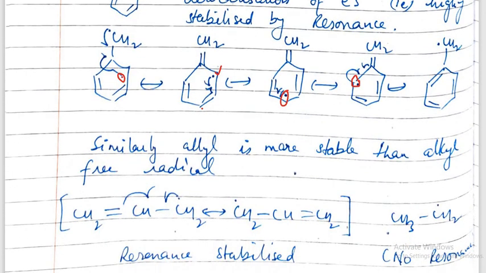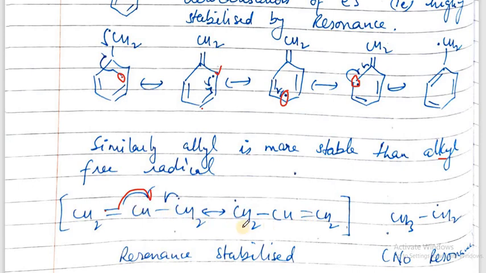Similarly, allyl is also more stable than alkyl. Allyl means that the carbon with the odd electron is attached to the carbon which carries a double bond. So this is allyl free radical. In this, the single electron moves towards this, and the other single electron moves towards this, as shown by these fish-hook arrows. Here a double bond will be formed, and this electron will be left on this carbon, that is the free radical, and here will be the double bond.